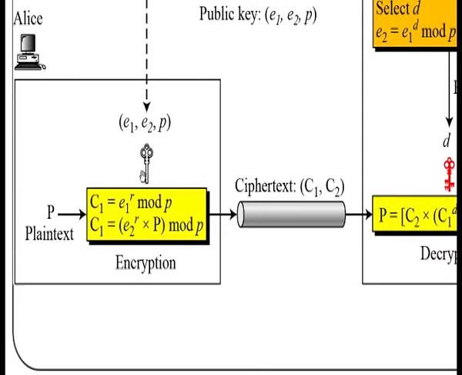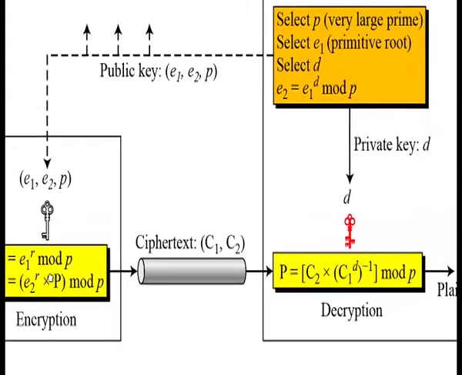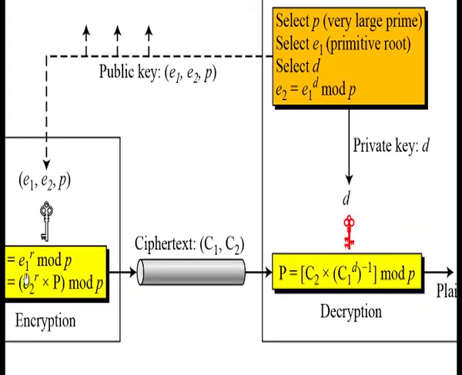So the key is taken from Bob and they generate C1 and C2. E1 power R mod P is equal to C1, and E2 power R into the plaintext mod P generates C2.